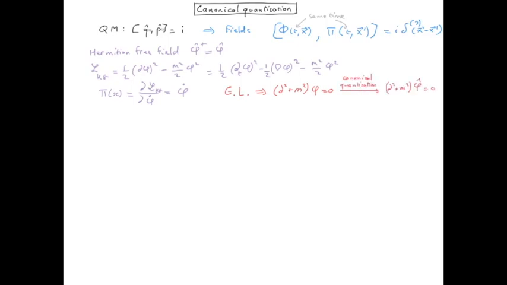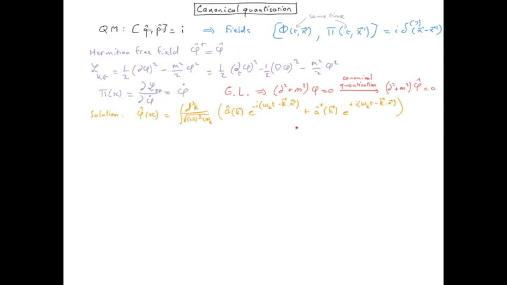We already worked out a solution of the Klein-Gordon equation. This is a sum of positive frequency and negative frequency solutions. Now, because we have a Hermitian field and phi dagger is equal to phi, we need to have a dagger here. We can't just take an arbitrary amplitude b, for instance.